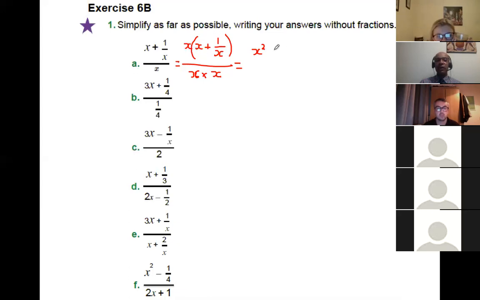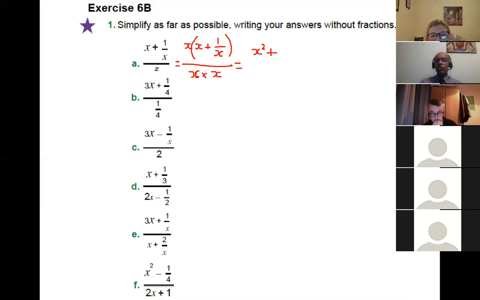What's x divided by x? It's 1. So if I do 7 divided by 7, there's 1. x over x is 1 as well.